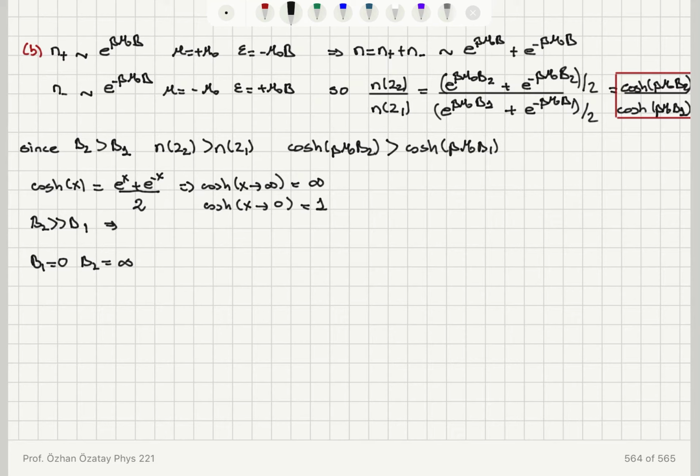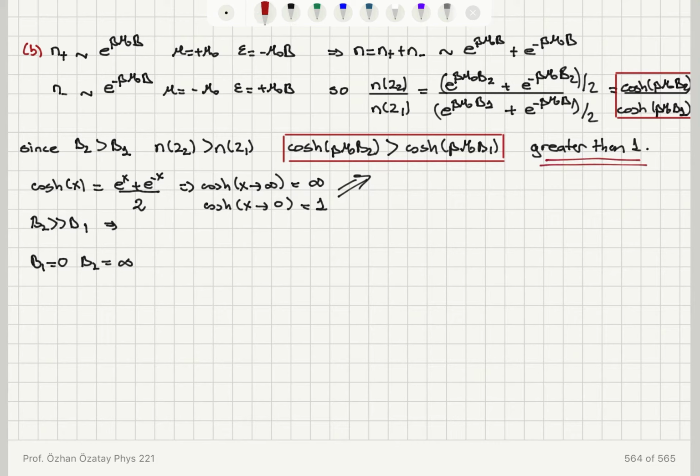So we find that indeed, I check this limit here, the numerator is greater than the denominator. Therefore, the ratio is greater than 1. So this is what we will find.